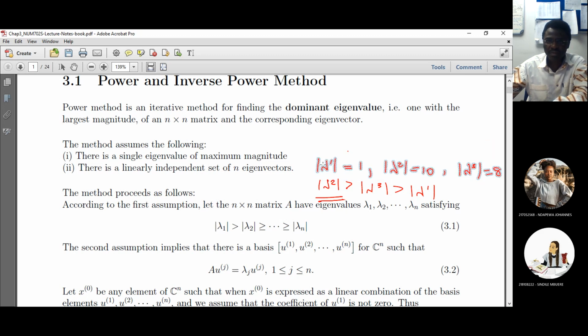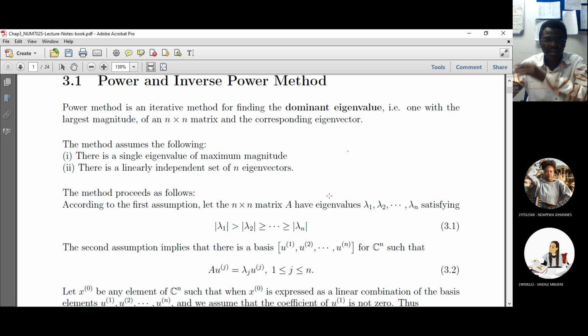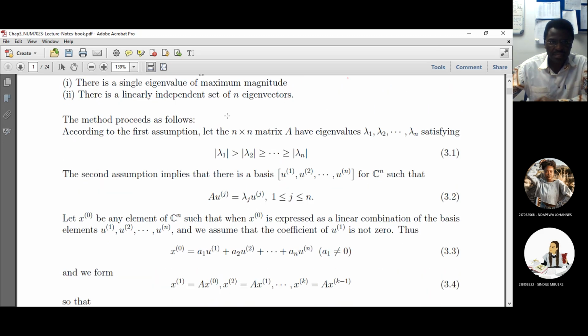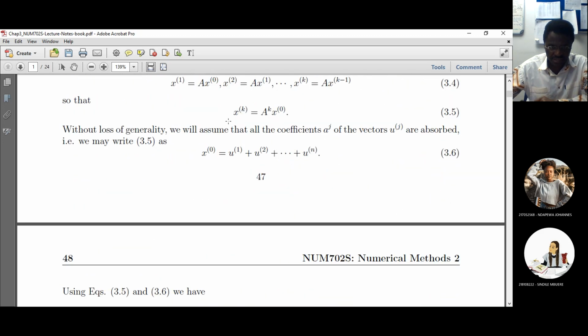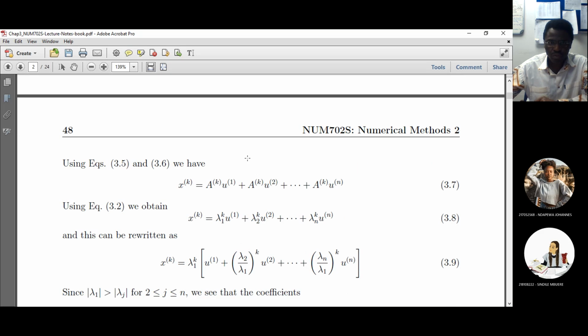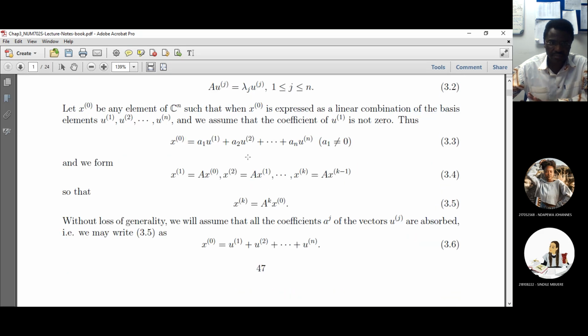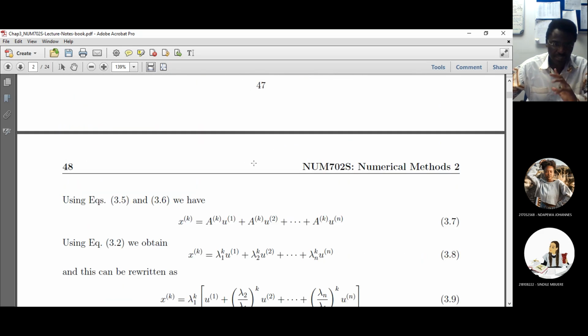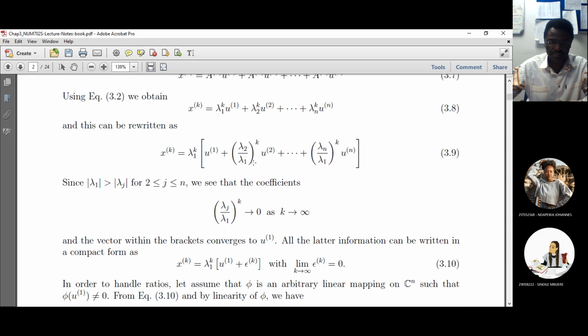Now that you understand what it will do, how do we perform the power method? The explanation I gave here, I will not go into all the details because you can read it, and if you don't understand, ask the question. Otherwise, it will take more time to go through the slide.